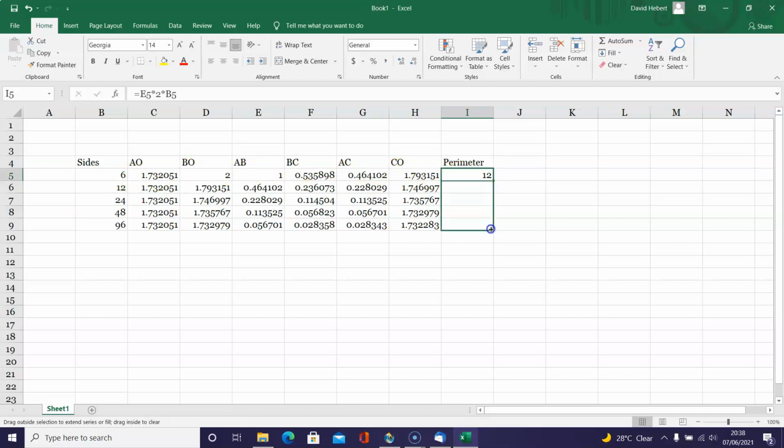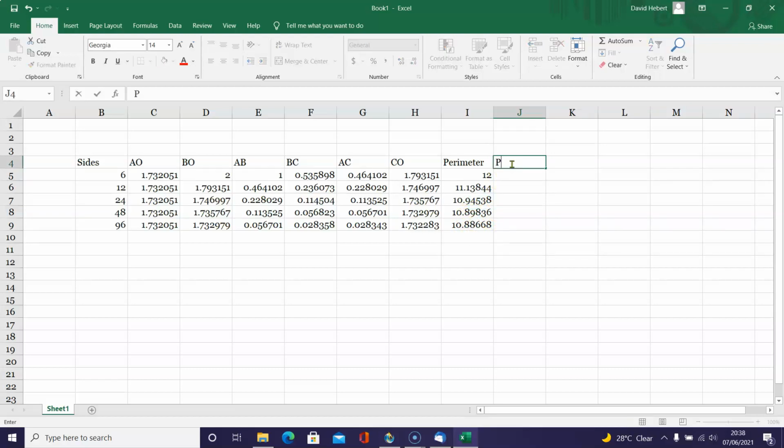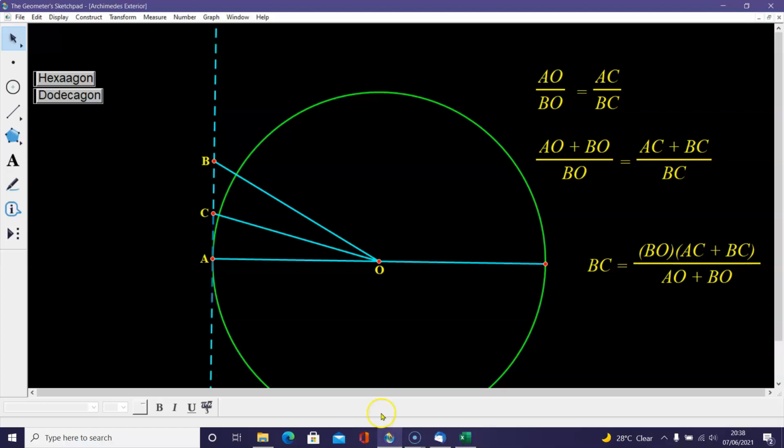And I'm now going to pull this down, and we see that these perimeters keep getting shorter and shorter, but they're really starting to get kind of close together at these last two. Now, pi is defined to be the perimeter divided by the diameter. So what I'm now going to do is ask myself, all right, what is the diameter?